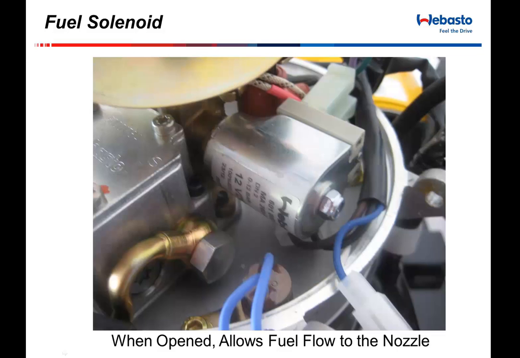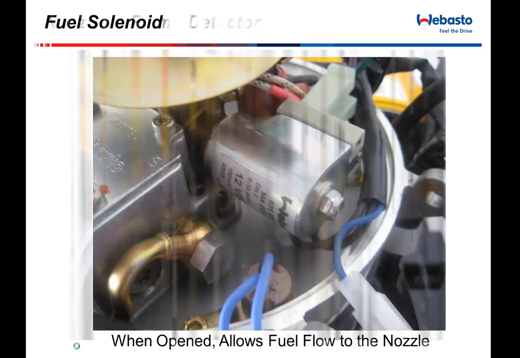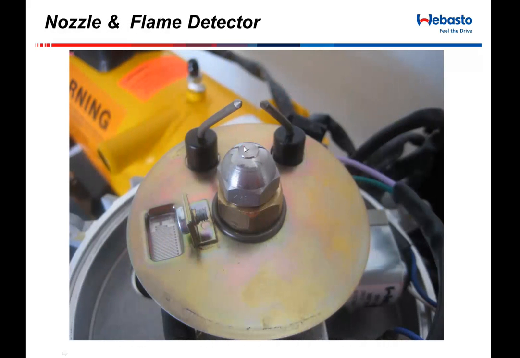There's an electromechanical plunger that sits through the middle of this. When it has 12 volts applied to it, it's pulled back, allows fuel to come out of the fuel pump and up towards the nozzle area, and then coming out of the nozzle.